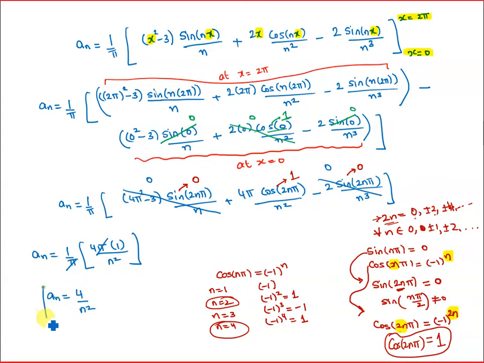Bn, by using the formula 1 over L integration c to c plus 2L f(x) sine n pi x over L dx. So we were having from the question f(x) as x square minus 3 defined over the interval 0 to 2 pi with value of L as pi.